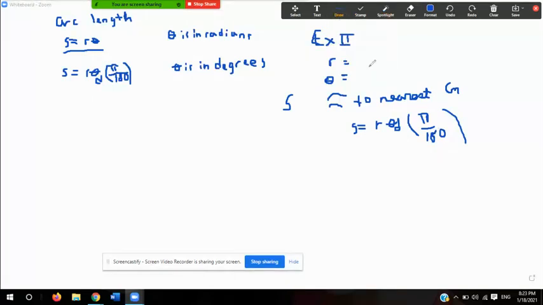So the numbers that we have: 6,400 kilometers, which is assumed to be the radius of the Earth, but the space station is 400 kilometers above the surface of the Earth.